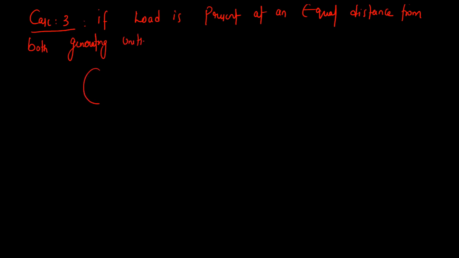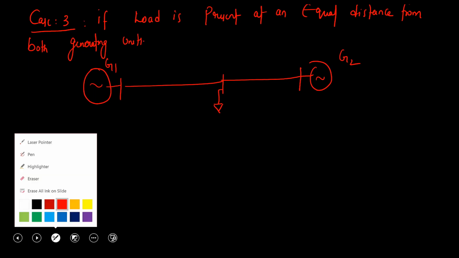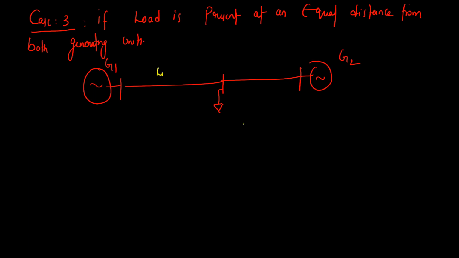This is one generator, and exactly in the center there is the load, and then this is the second generator. G1, G2. Now if you correlate with this one, this is line 1, resistance is R1, line 2, resistance is R2, line 3, R3 is 0 because the load is connected directly at the midpoint. Okay, demand is PD.